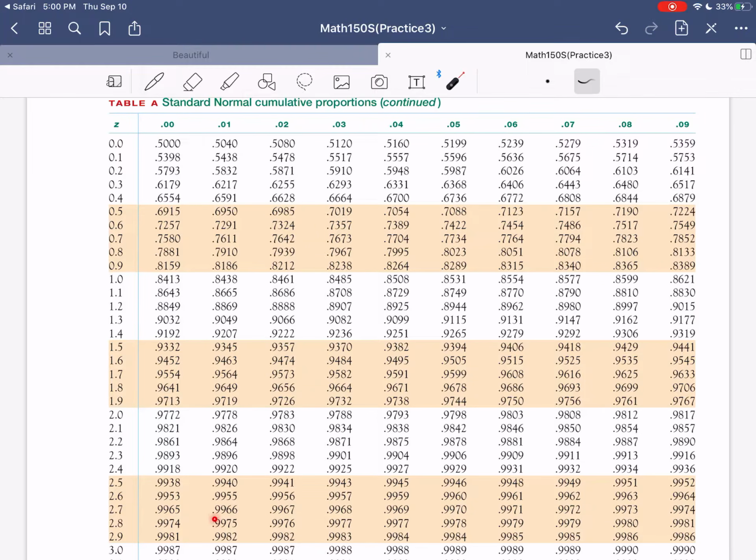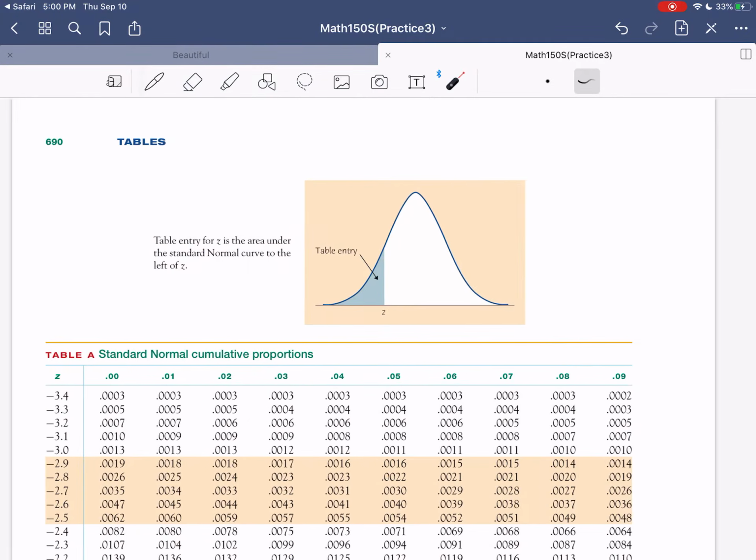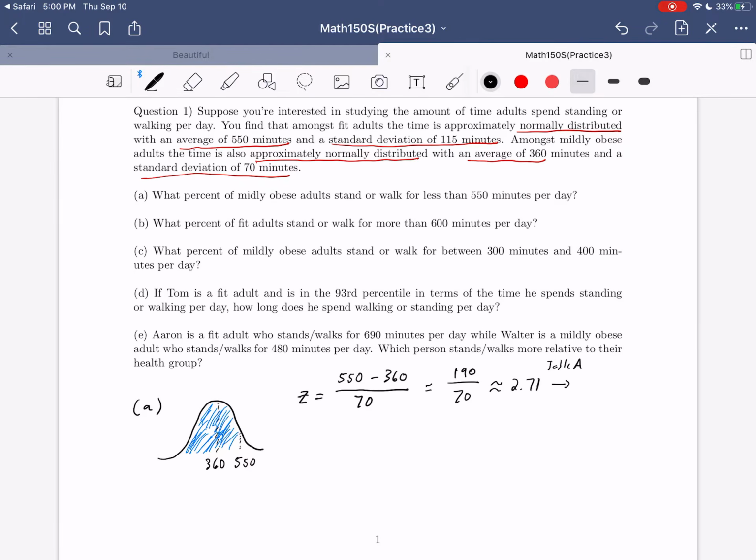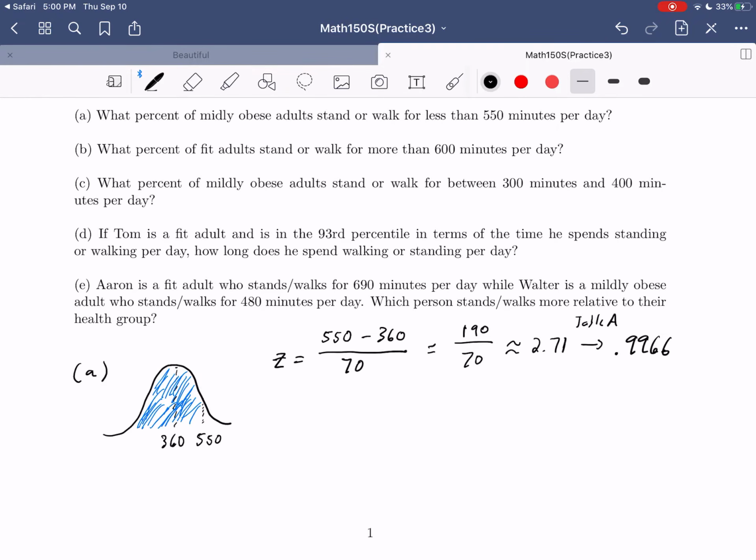So we should find 0.9966. Remember, table A always tells you what's to the left. So on our diagram, we can fill that out as 0.9966. Does that match with our shaded area? Yep, we wanted the stuff to the left, and we found the stuff to the left.